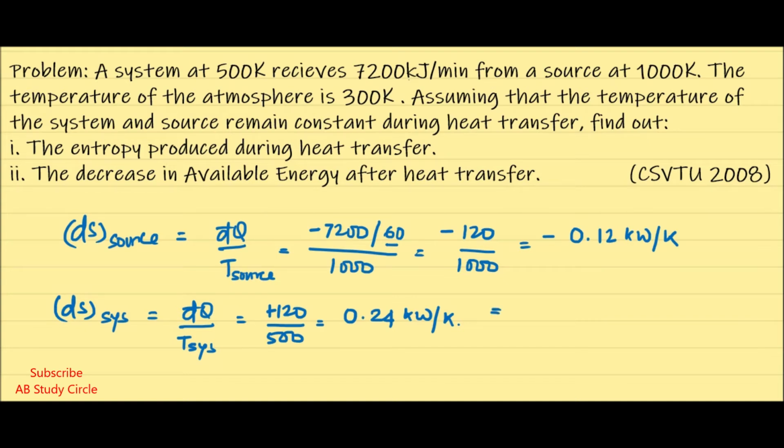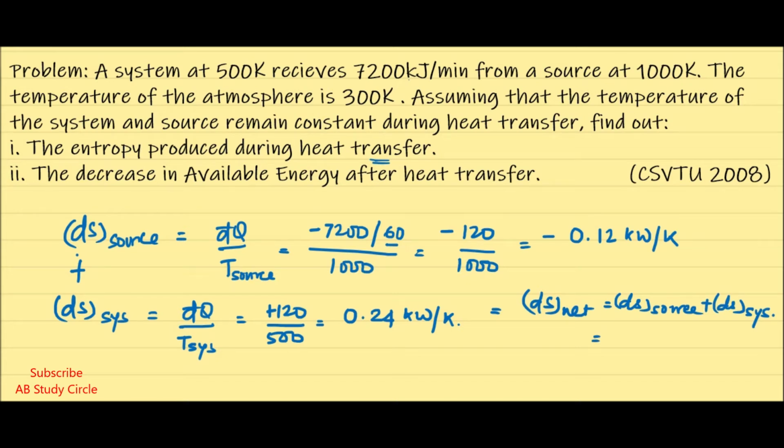Ultimately, the algebraic sum of these two would give us the net entropy that is produced due to this heat transfer. So dS net is nothing but dS source plus dS system.